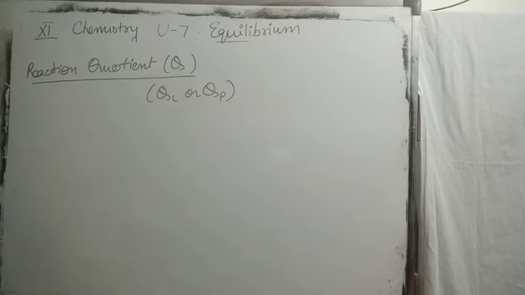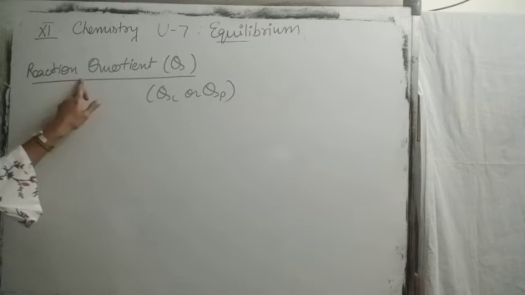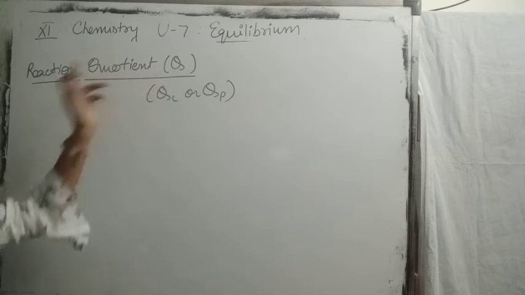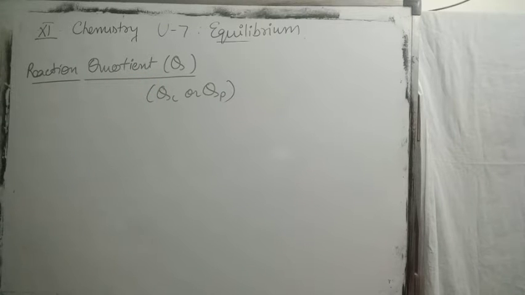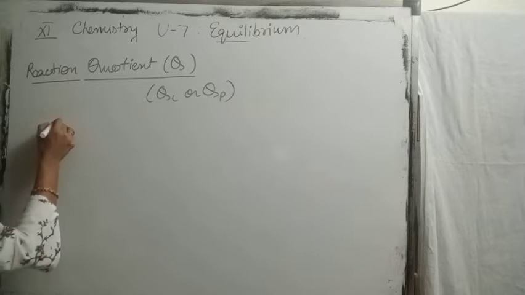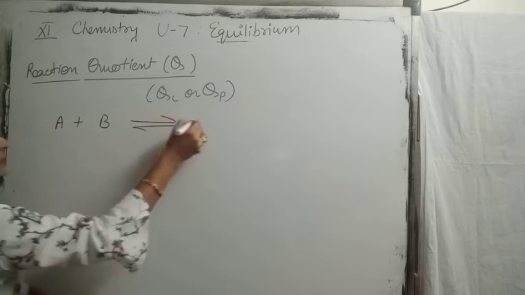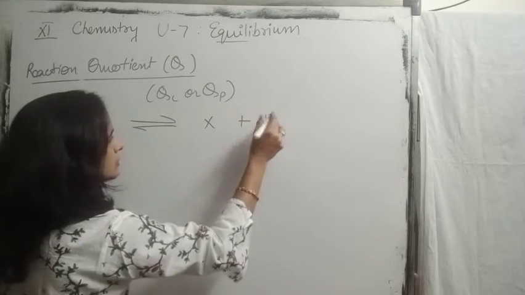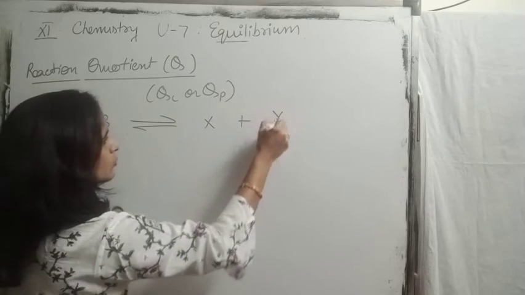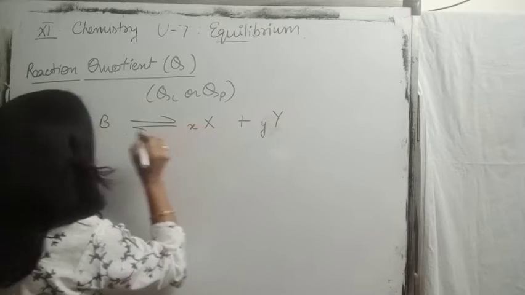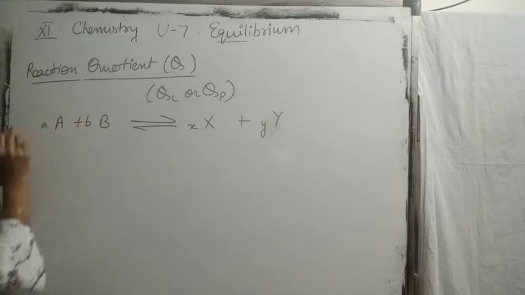Now, how do we predict the direction of reaction? To predict the direction of reaction, we use another term, the reaction quotient, Q. Now, how do we find its value? Again, take the general case of a reversible reaction, X plus Y, with the number of moles from the balanced equation.